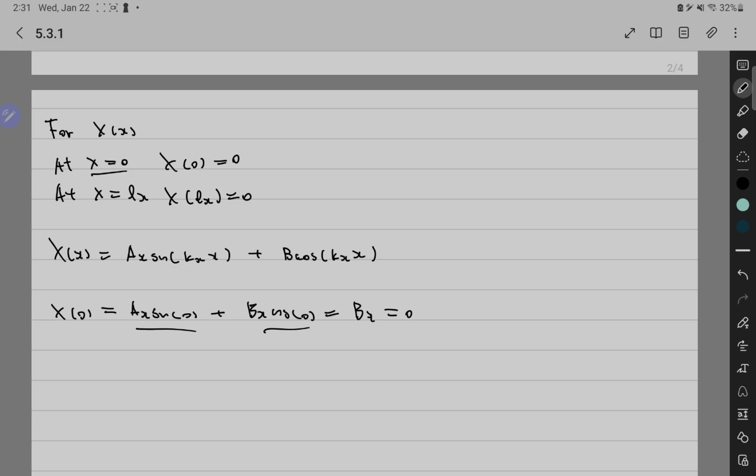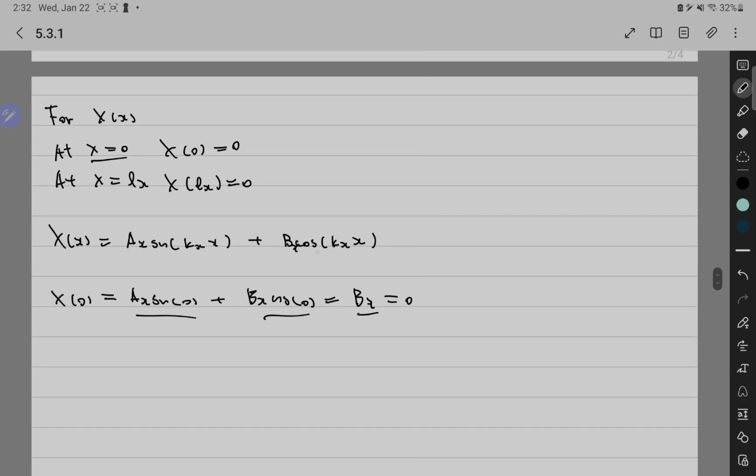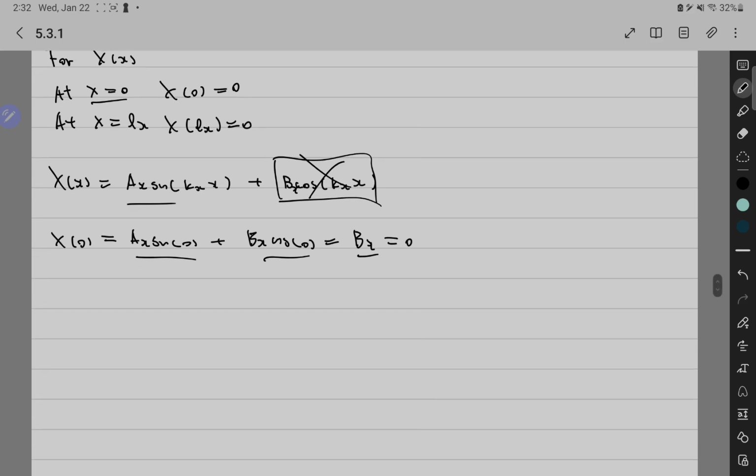This tells us that Bx is equal to 0. That's pretty important information, because we can simply eliminate this term from our solution. It doesn't matter what cos kx x is; this latter term just becomes 0 and vanishes. So we're left with Ax sine kx x.